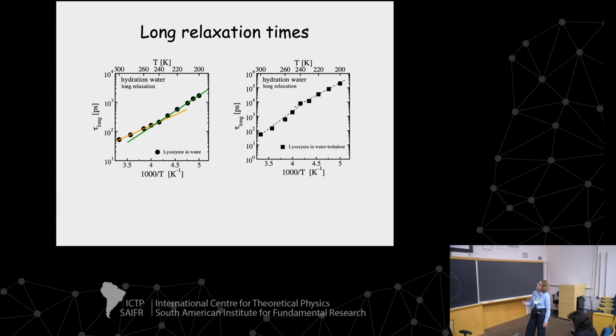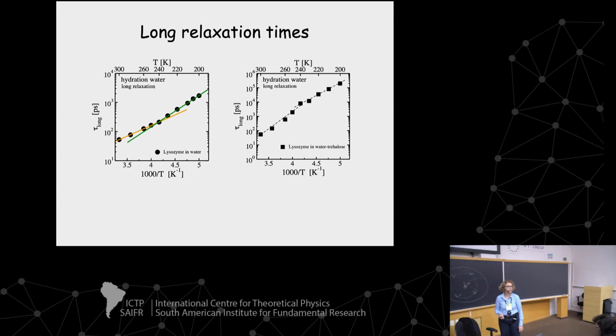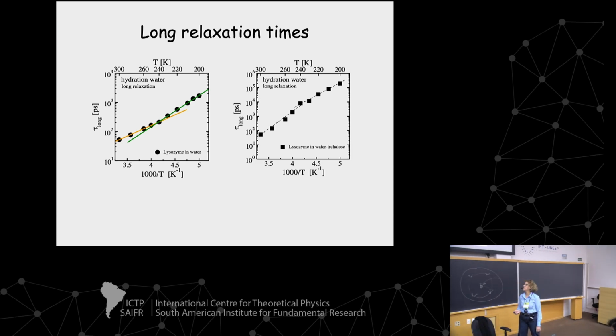But when we add the trehalose, they still have the crossover, but they increase enormously. We arrive to almost 10 to the 6. Okay, enormously. So the cryoprotecting ability of trehalose appears to be related only to this long relaxation.